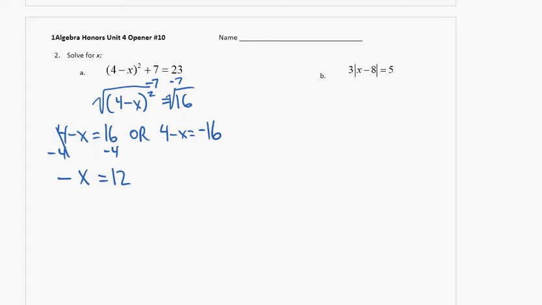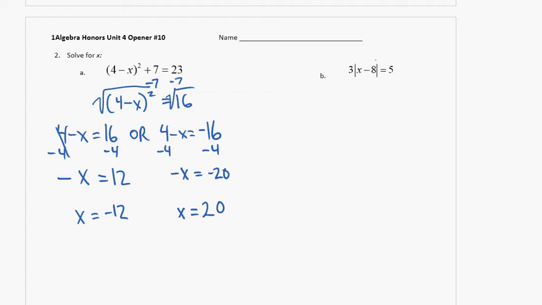And so if negative x equals 12, in other words, the opposite of x equals 12, that means x itself must be negative 12. And for the other equation, I'll subtract 4 on both sides and get that negative x equals negative 20. And again, that means that x must be equal to the opposite of negative 20, which would be 20.